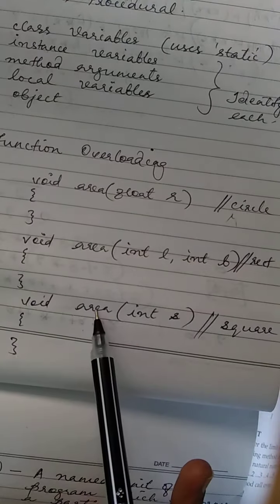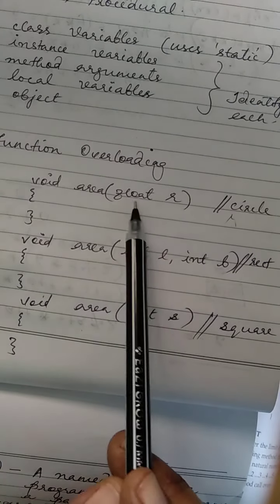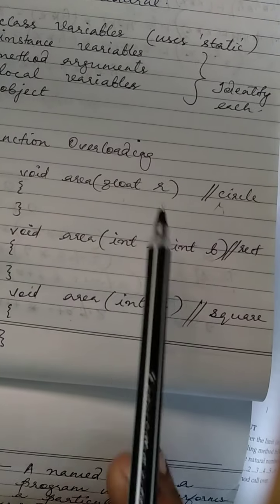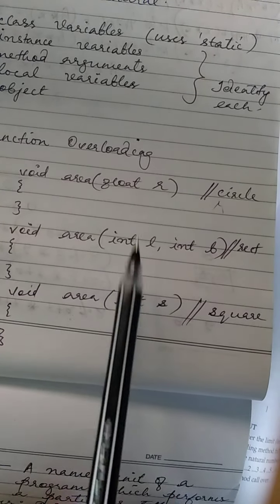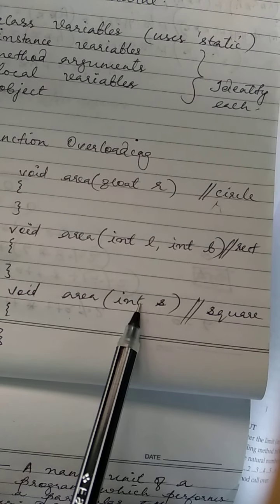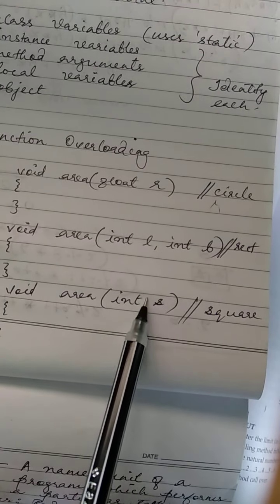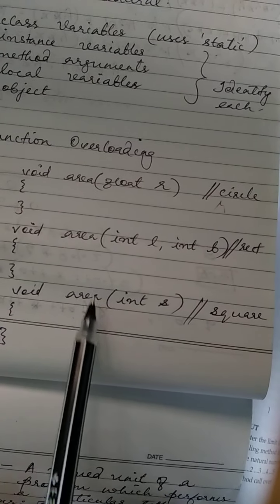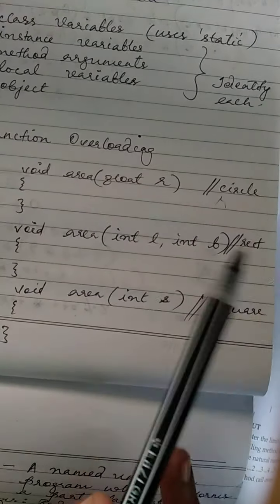See, area, three functions with the same name. But what about the number of parameters? Here 1, here 2, again here 1. This is 1, this is 1. But look at these two. This is float and this is integer. So either the type of parameters should be different or the number of parameters should be different or both can be different. But the name of the function should be the same. So this is an example of function overloading.